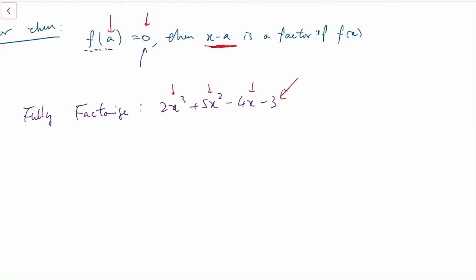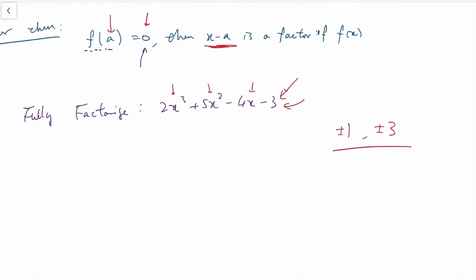For this case, our constant term is 3, and obviously 3 only has factors 1 or 3. We also count both negative and positive, so we will only try plus minus 1 or plus minus 3. Any other number would have no chance. It's actually a theorem that if we try all of these and none of them work, then that would mean you cannot factorize this cubic if you restrict yourself to integer factors.